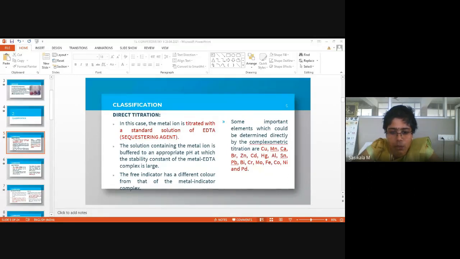Is there any doubt till now about what we have discussed? So in the next class, we will be discussing the third, fourth and fifth parts. Is there any doubt? Clear now?